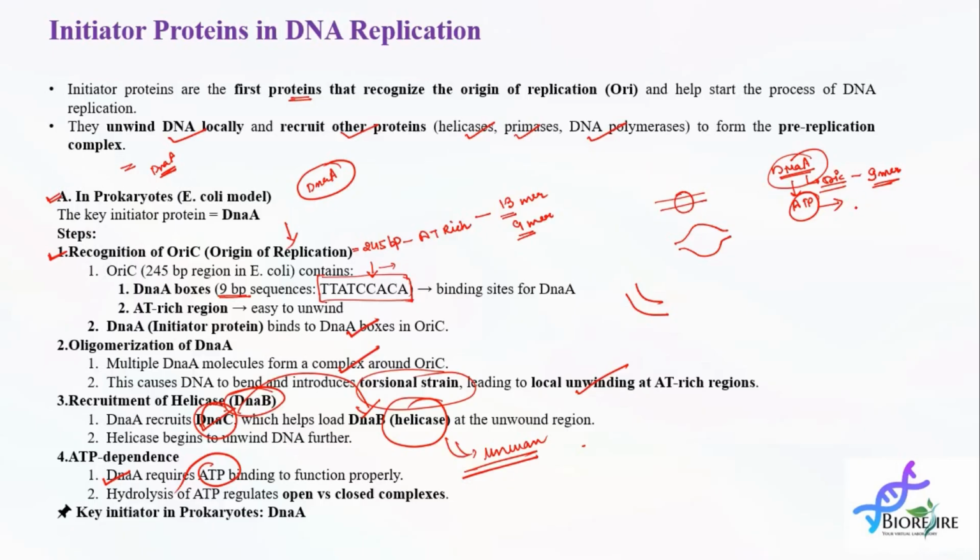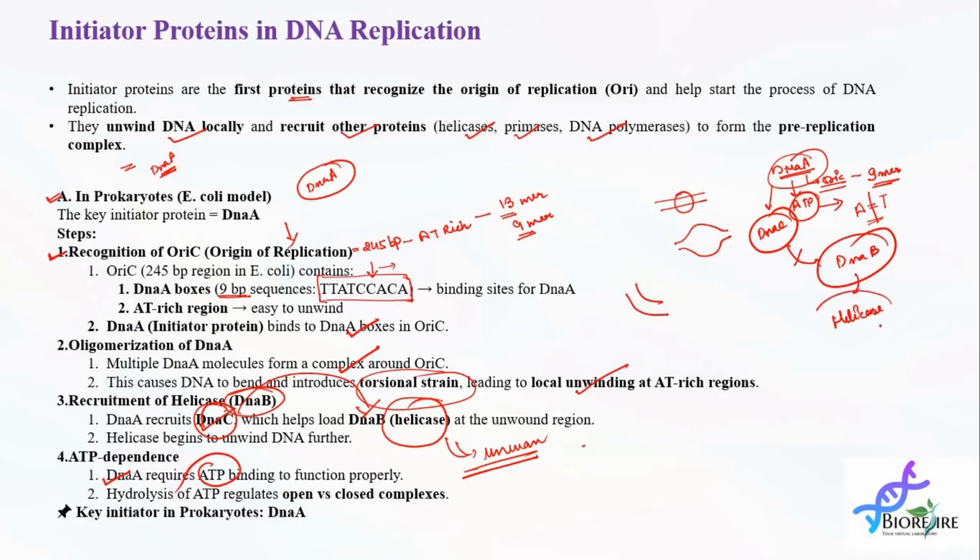Due to this torsional strain, the hydrogen bond between the adenine and thymine is broken down. Whenever this bond breaks down, then DNA will unwind at this position. Whenever this DNA is unwound, then DNA A recruits DNA C, then DNA C recruits DNA B, and this DNA B is a type of helicase.